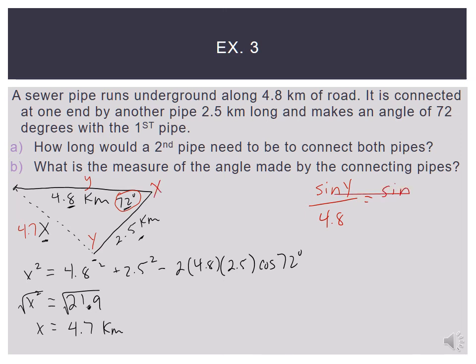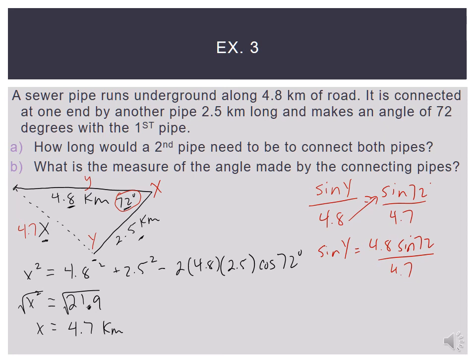So sine 72 over the side length we just calculated, which was 4.7. Then to get rid of that 4.8, cross multiply. Sine y equals 4.8 sine 72 over 4.7.